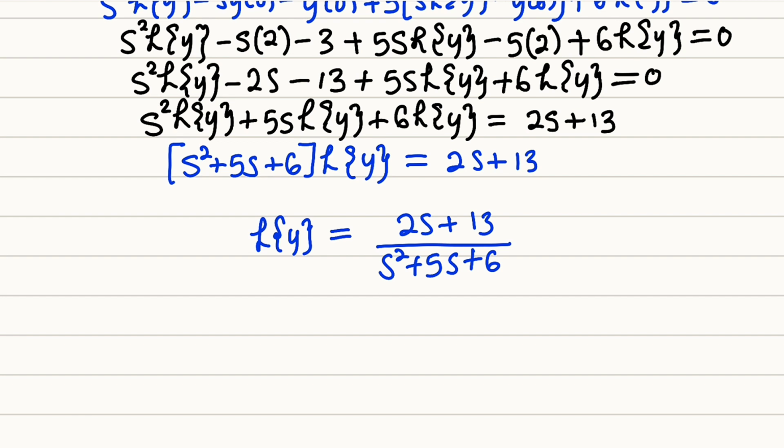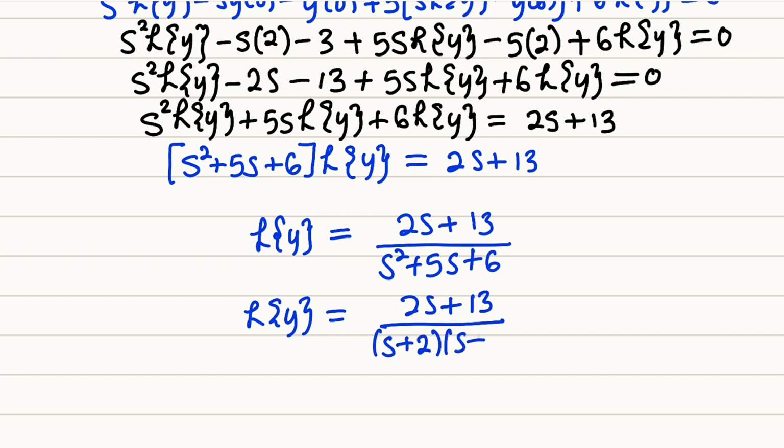Okay, the denominator can be factorized, so let us do that. The Laplace transform of y is now equal to 2s plus 13 divided by s plus 2 multiplied by s plus 3, because that is the factorized form of s squared plus 5s plus 6.